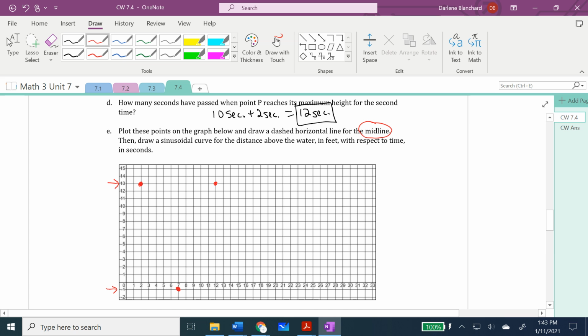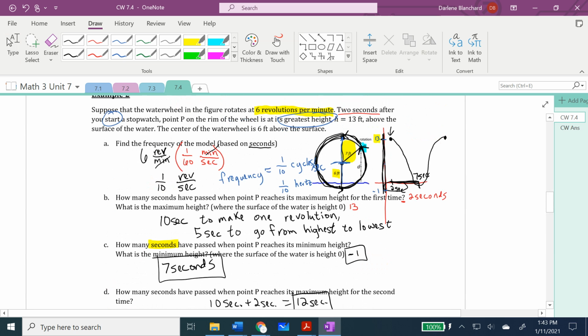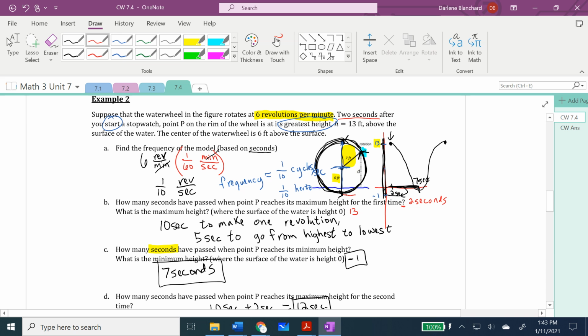Now, if I wanted to make the very bottom of the wheel be 0, then this would be far easier. If the bottom of the wheel was y value 0, the top of the wheel would be y value 14, and the center would be y value 7. But all I have here is a vertical shift down 1 unit so that the water level is deemed to be the y level of 0.